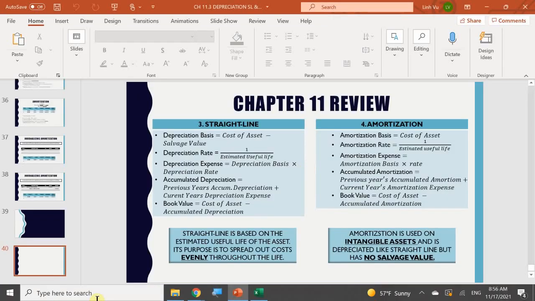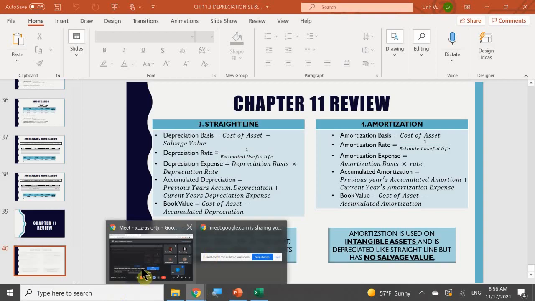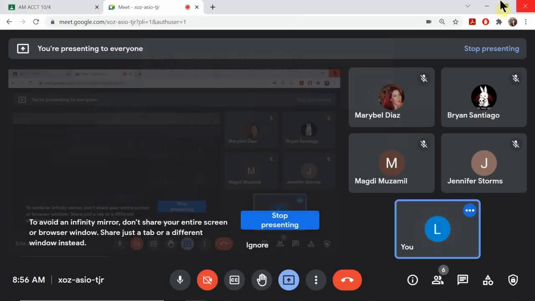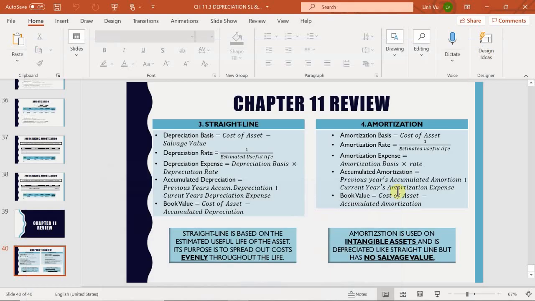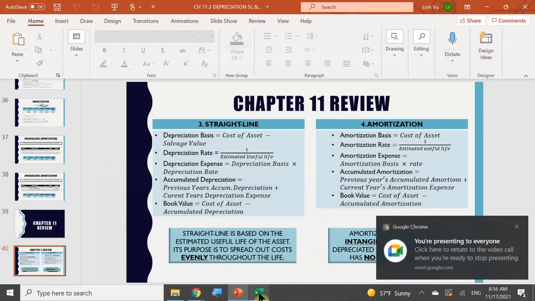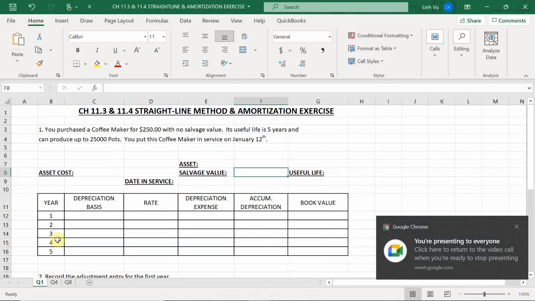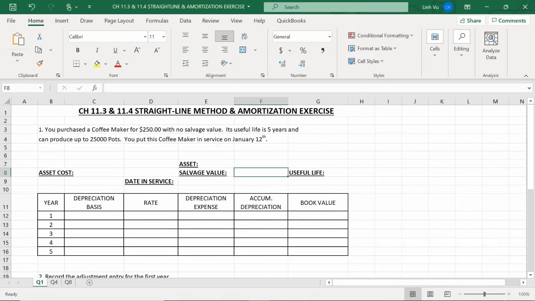So let's go ahead and dive right into the exercise here.